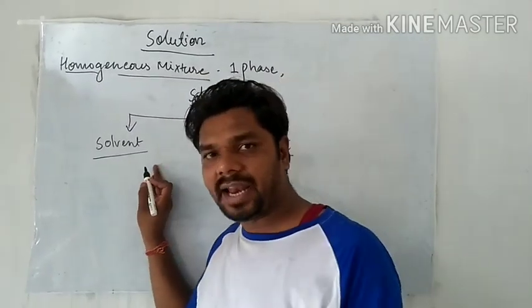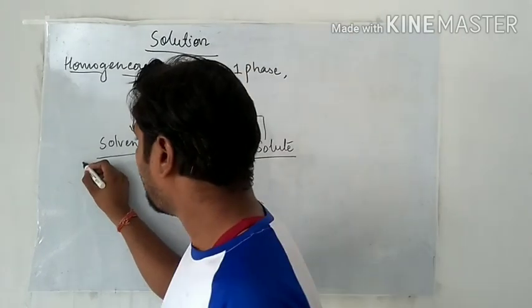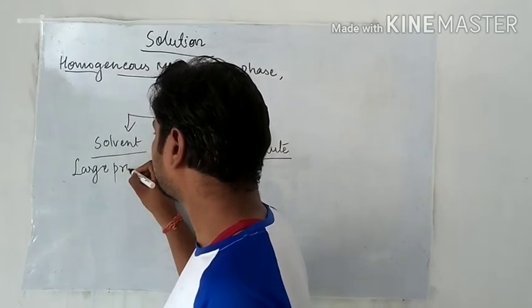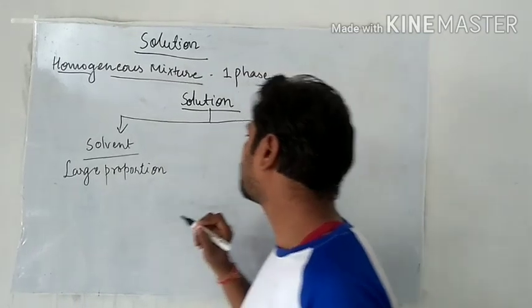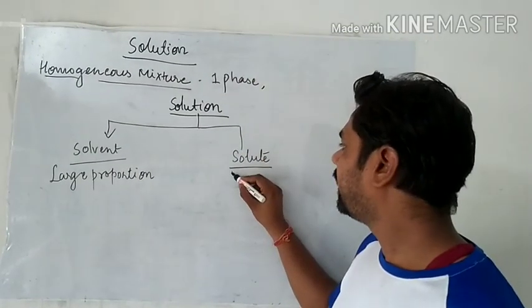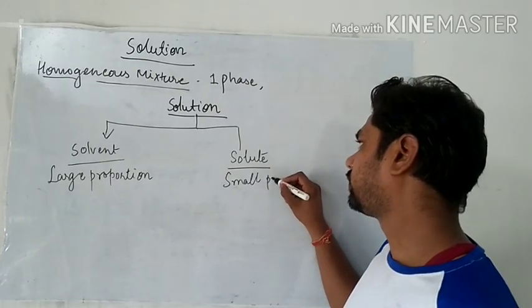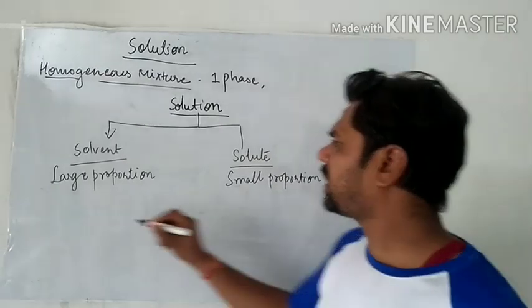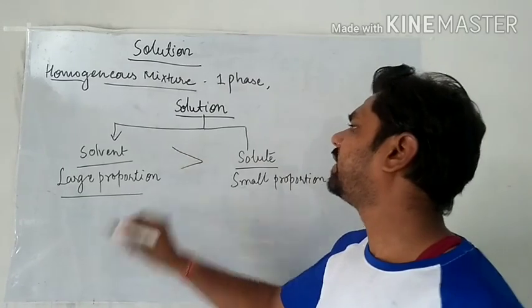Solvent is generally, not always, but generally considered as the large proportion, whereas solute is considered to be the small proportion. In a solution, the general consideration is that solvent will be more and solute will be less in amount.